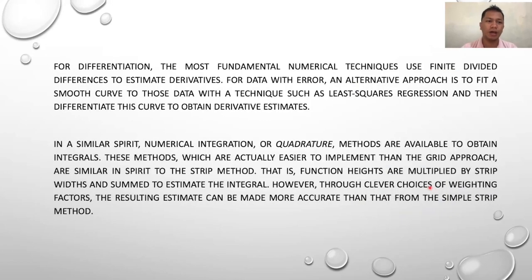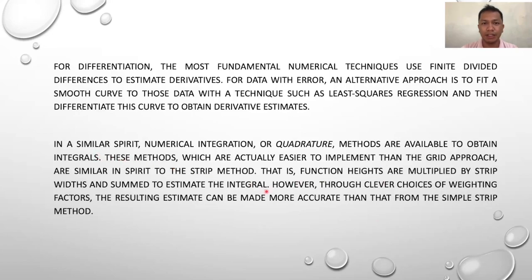For differentiation, the most fundamental numerical techniques use finite divided differences to estimate derivatives. For data with error, an alternative approach is to fit a smooth curve to those data with a technique such as least squares regression, and then differentiate this curve to obtain derivative estimates.